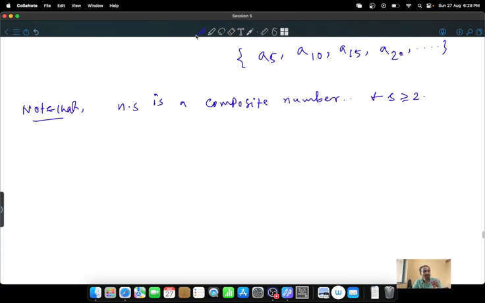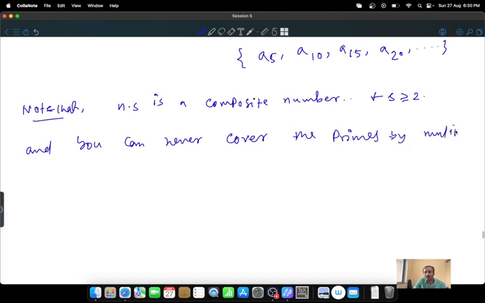The only terms that you cannot cover by multiplying by s are the primes, because in that case you have to take s to be 1, and you cannot take s equals 1 because that is not given to you. Okay, so that is the main trick here: you can never cover the primes by multiplying by s greater than or equal to 2.